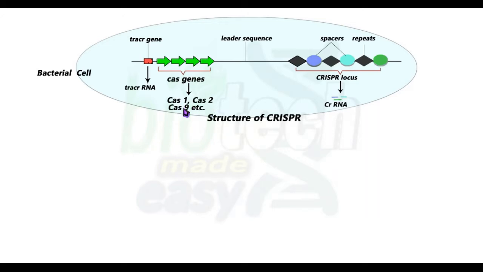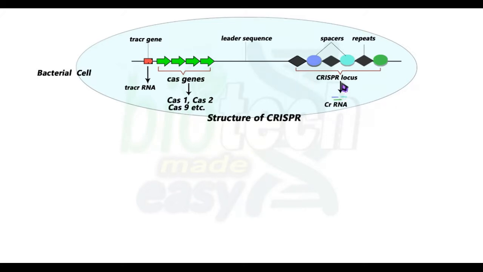Actually, there are three different types of CRISPR-Cas systems, known as CRISPR-Cas system 1, 2 and 3. Out of these three, the second system is the more common one, and Cas9 is present in that only, and that is the most studied one also. So we generally talk about the second system.